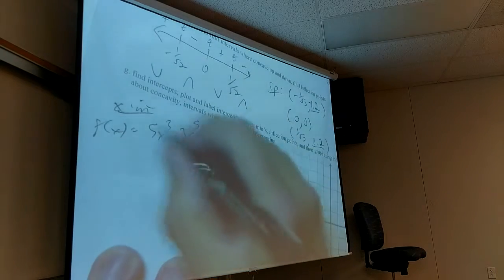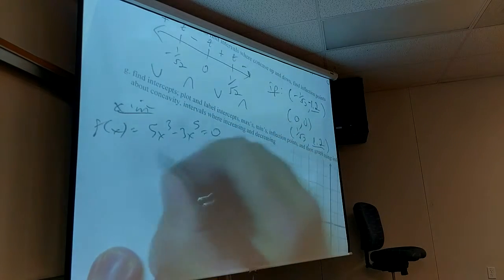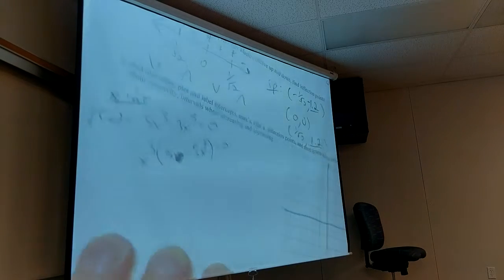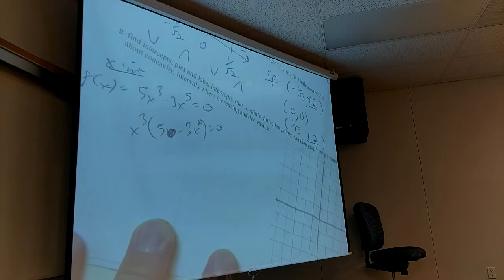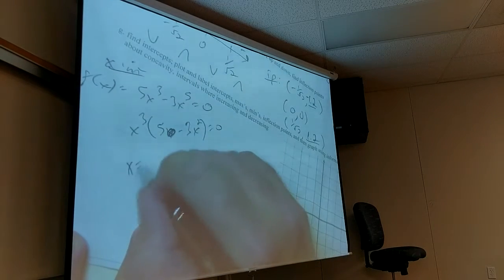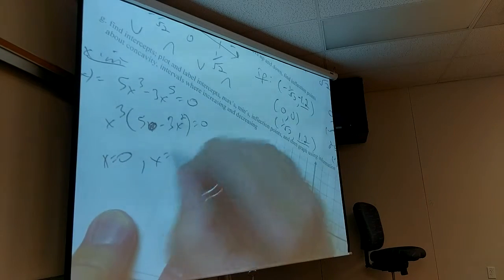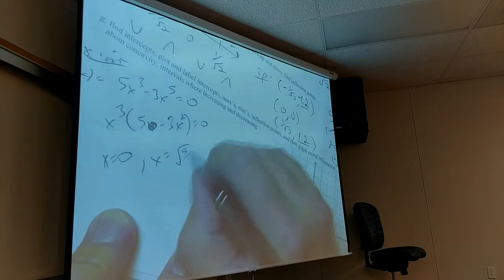So here I'm going to put 0 in for y. Factor this bad boy. Gather x. So we get x is 0. Are you guys okay with this? Not a big deal. Finding x-intercept, set the thing equal to 0. Or I get x equal to the square root of 5/3, plus or minus.